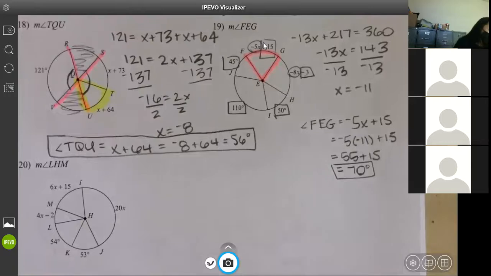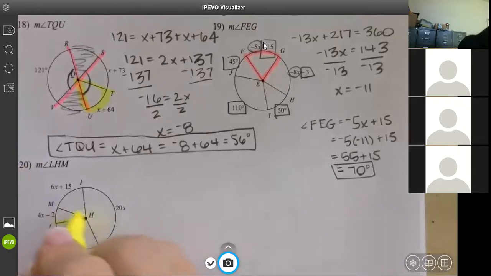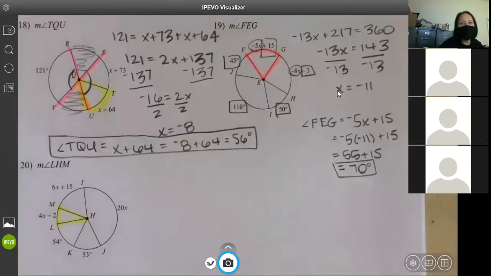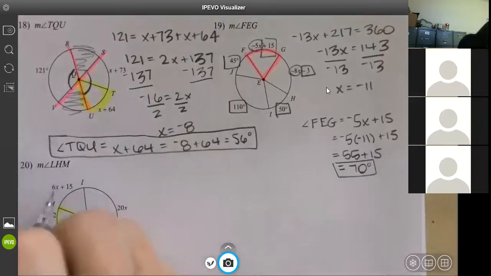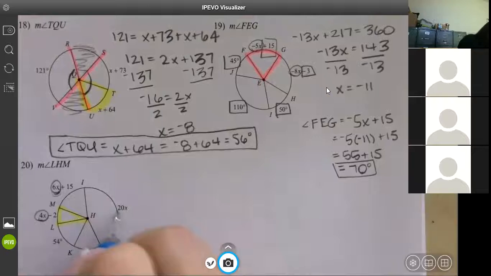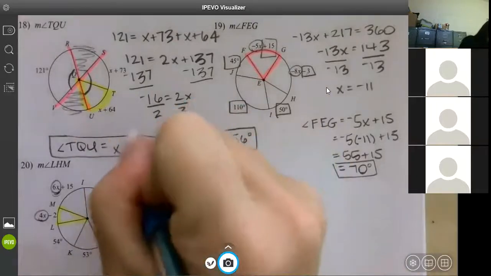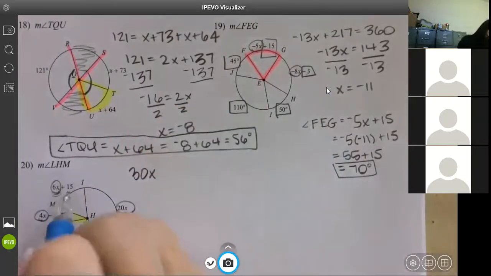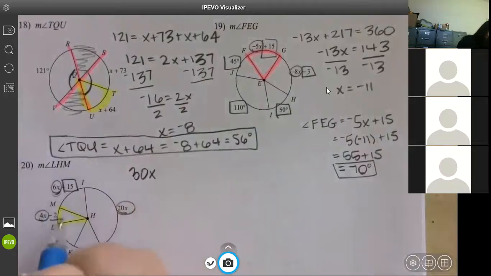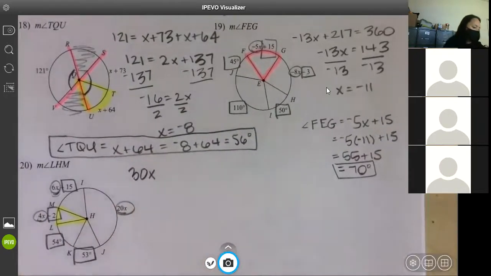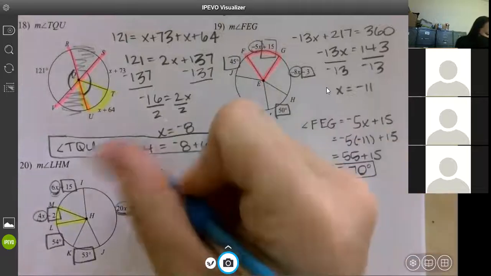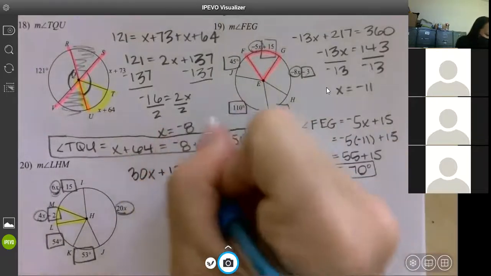So the one that we want in the end is right there. So let's go ahead and set this up. How many total X's do you have? I have 6 plus 4 plus 20, 30 X's. I have 15 minus 2 plus 54 plus 53. What do we get? 120.